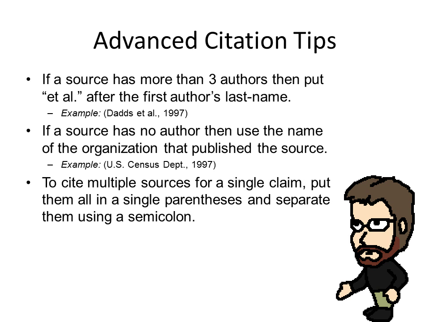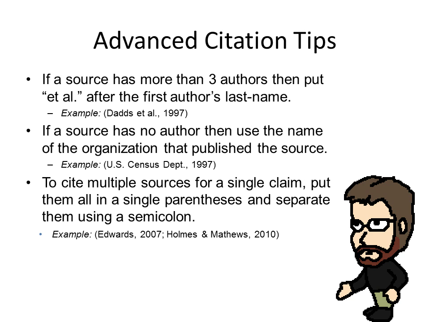And finally, if you want to cite multiple sources for a single claim, like let's say you write a general claim that a lot of different authors all agree on, what you can do is put them all at the end. You can do post-claim citations for all of them, put them all inside one big parentheses, and just separate each of the individual citations with a semicolon.